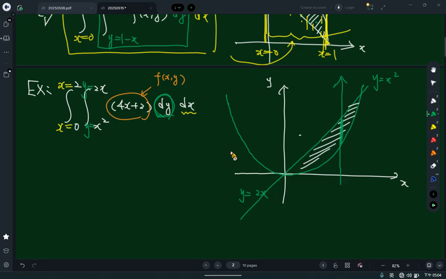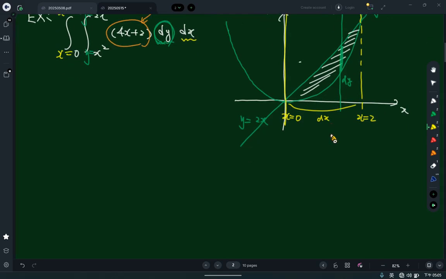Dx that means from x is equal to 0 to x is equal to 2. So we can measure the region is here, and dy goes first, and then this is dx.